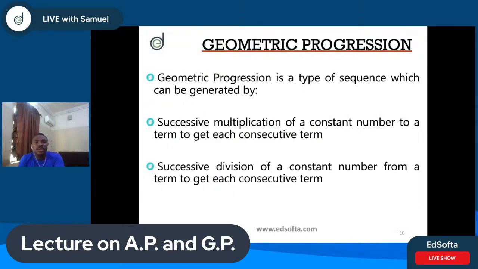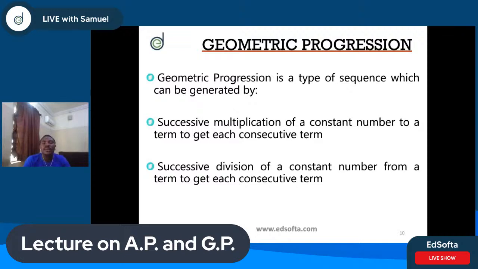All right, so we've talked about our arithmetic progression. We've looked at the two formulas, the formula for finding the nth element, and the formula for finding the sum of the elements.